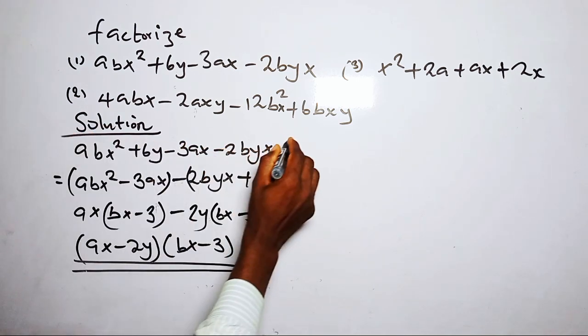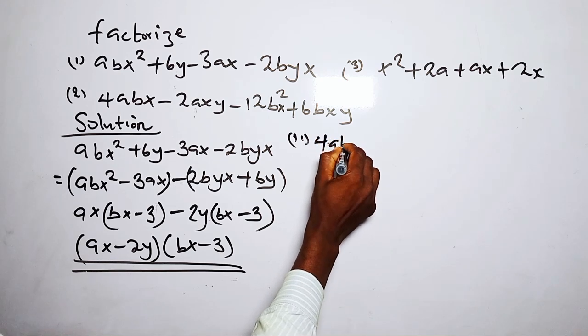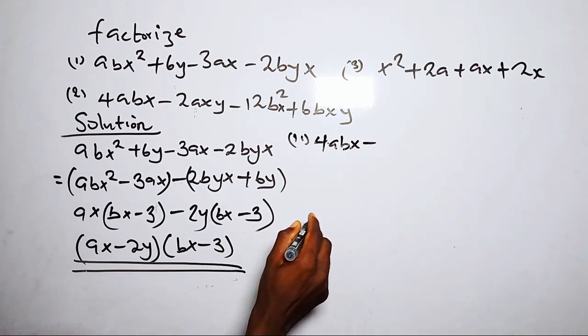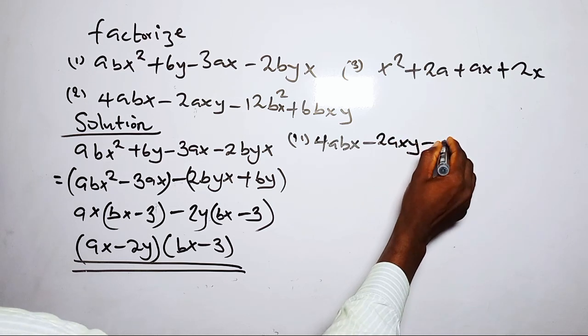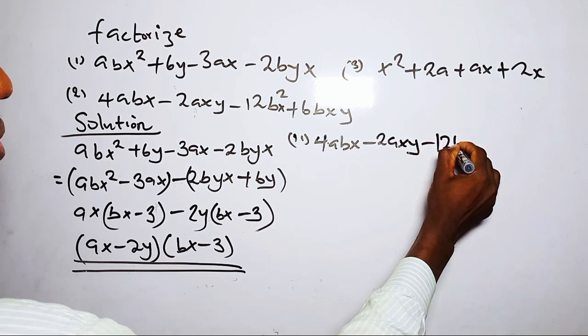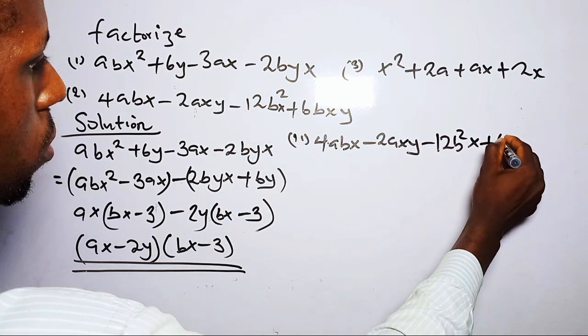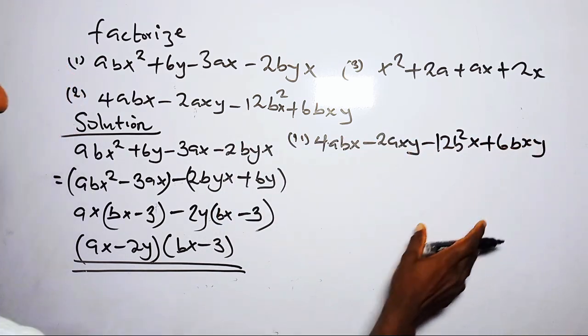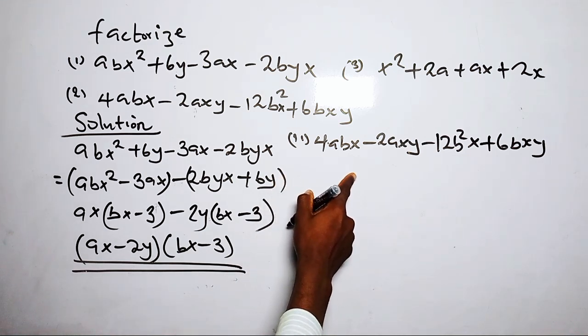So let's look at the second expression. We have this as 4abx, okay, minus 2axy minus 12b squared x, okay, plus 6bxy. So we look at this carefully. Okay, so we can look at this.